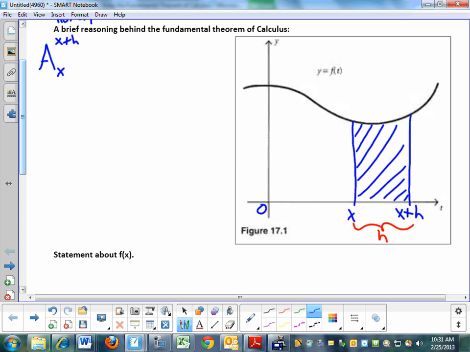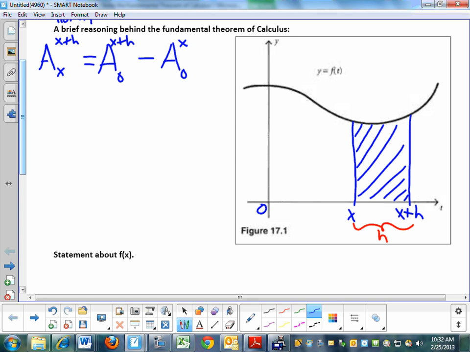Then what I want to do is write an expression for what that's actually equal to. I'm going to say that that area is equal to the area from 0 to x plus h minus the area from 0 to x. Would all agree that that's reasonable? Do you understand what I did? They're not exponents.